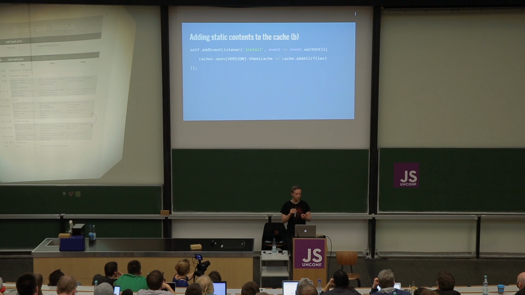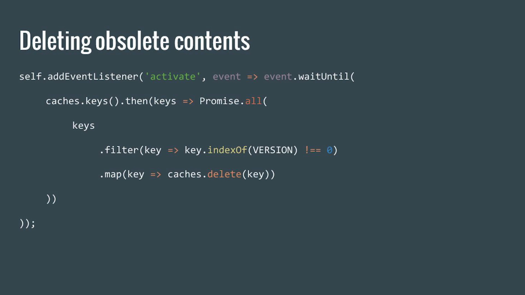By the way, this caches object is not only available in the service worker, but also in your main web application on the window object. So you could actually put contents into the cache from there if that makes sense in the situation. So we have put our contents into the cache, and the life cycle goes on.